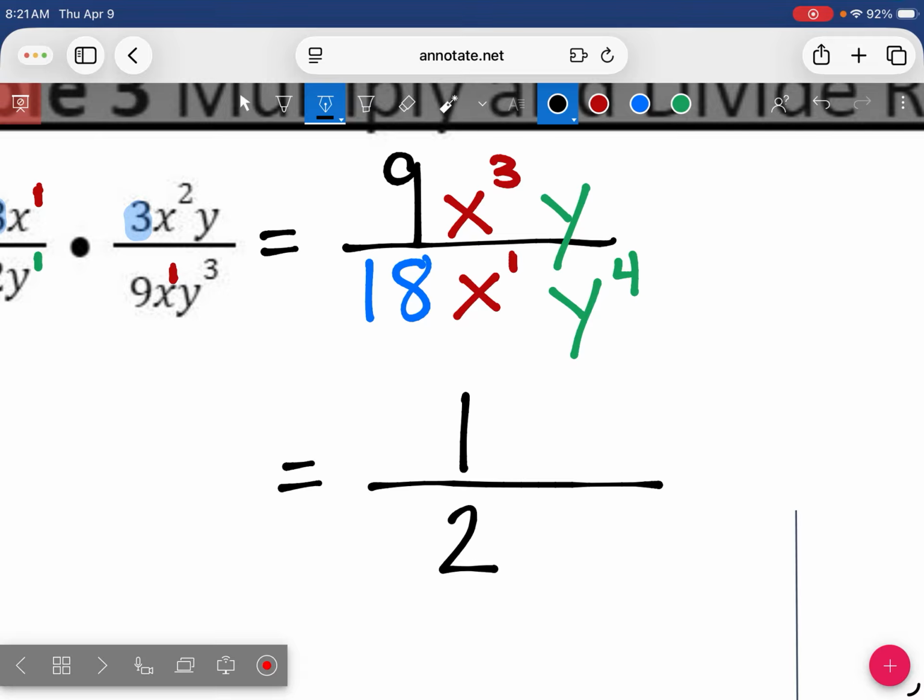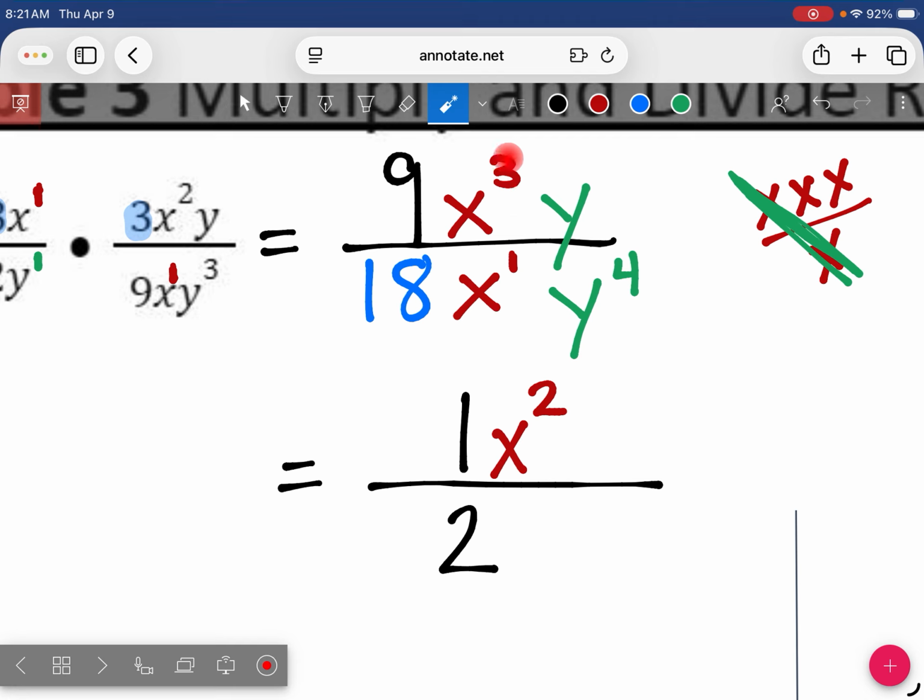All right, so what this is saying, I'm just going to write this out. For my x's, it's saying I have 3 upstairs and 1 downstairs. So when I cancel out 1 for 1, I'm left with 2 upstairs. So I'm subtracting the 3 and the 1 to get 2.